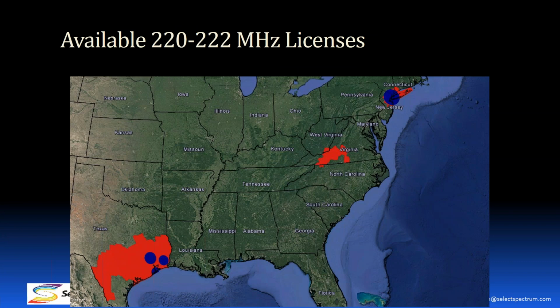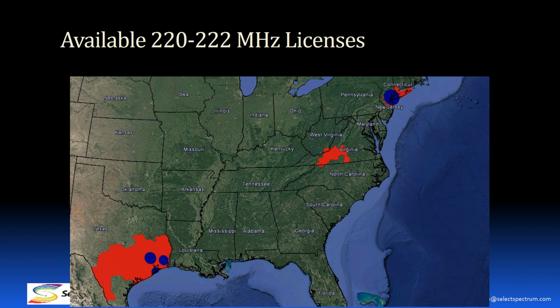More limited geographically so far, although these are multiple different clients. You see Houston and New York as being significant markets, Roanoke, Virginia as well, Southwest Virginia. So these are the narrower channel licenses. They could be more economical because of that narrow channel arrangement.